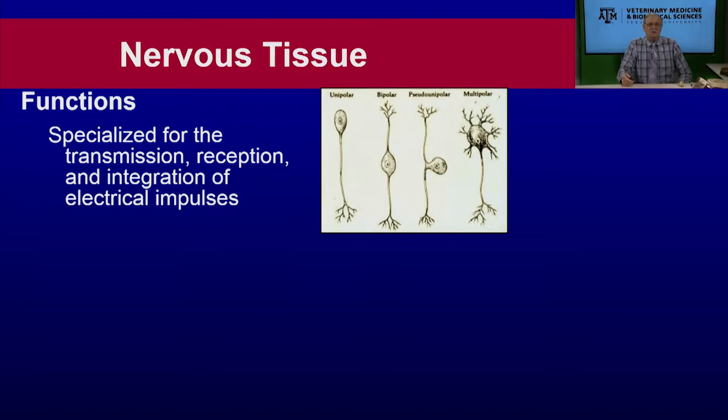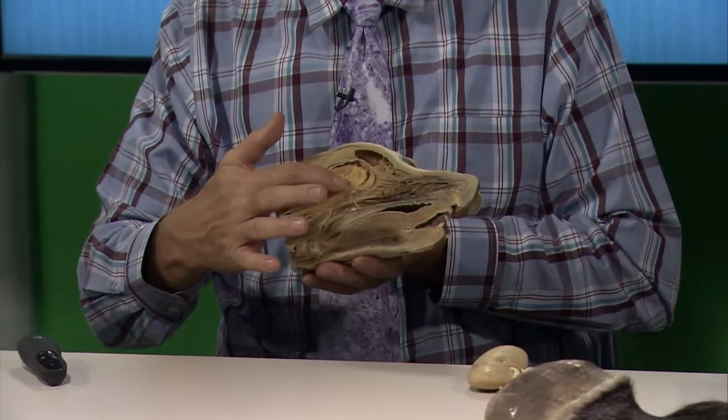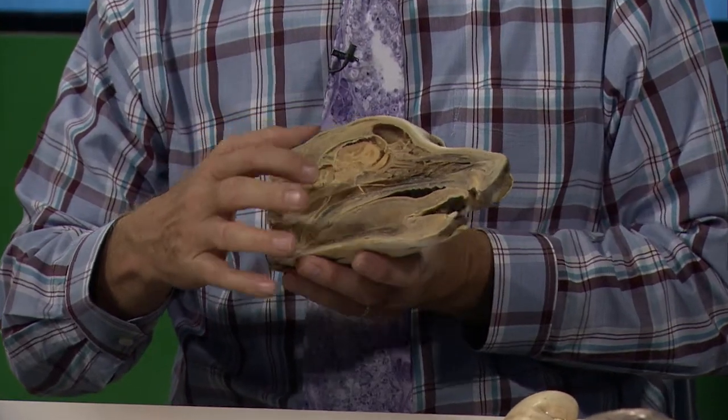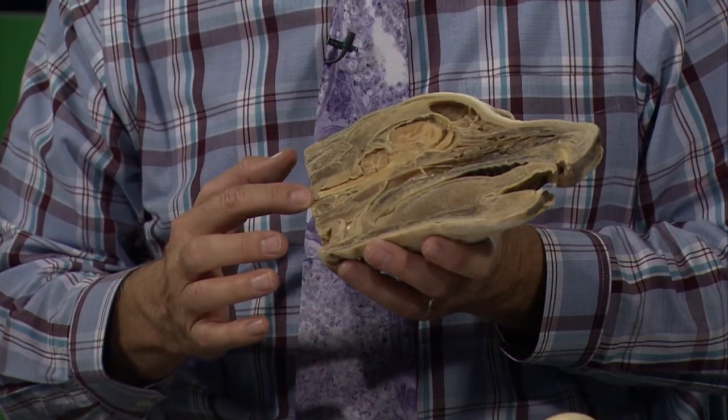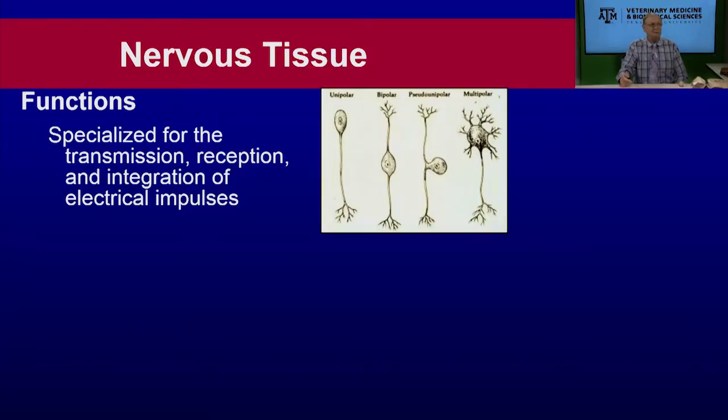So nervous system is the next one. The nervous system controls things. And if we look at our dog here, we can see some of the nervous system. There is the brain. There is the spinal cord that we can see. There are different types of nerve cells that we can see. They transmit, they receive, and they integrate.